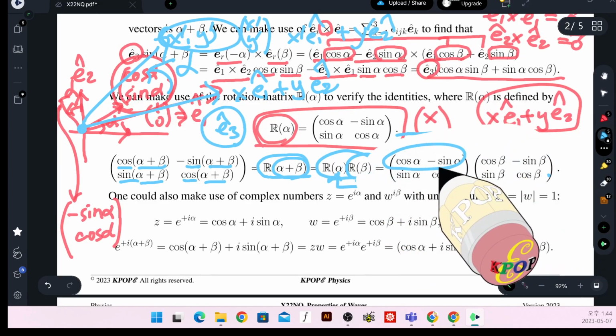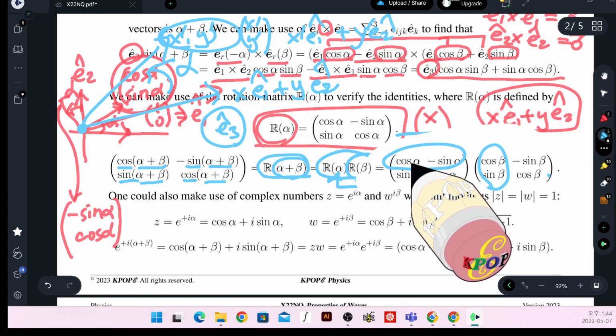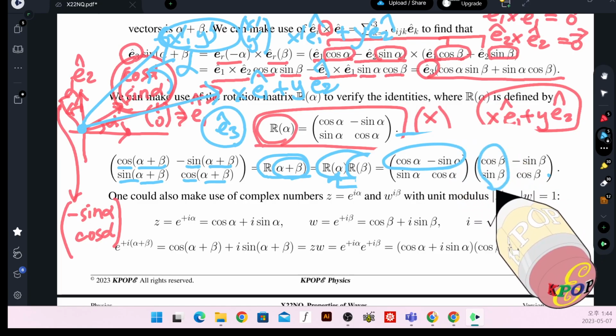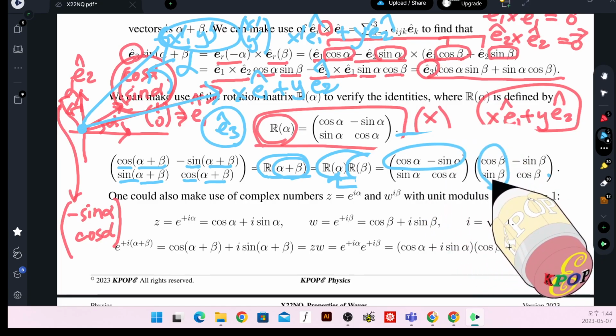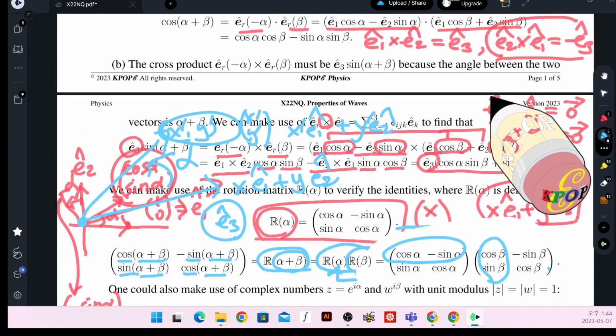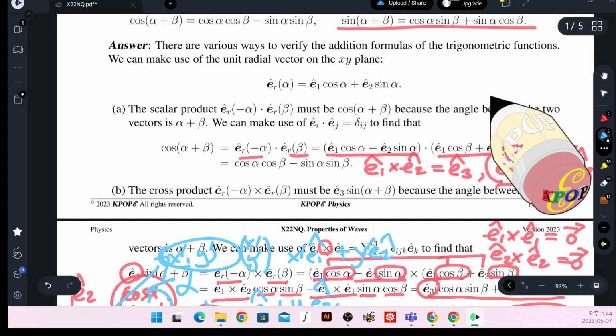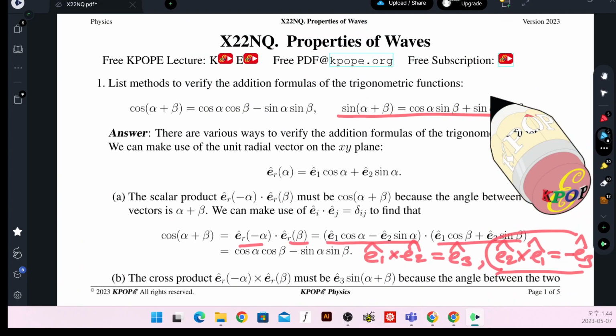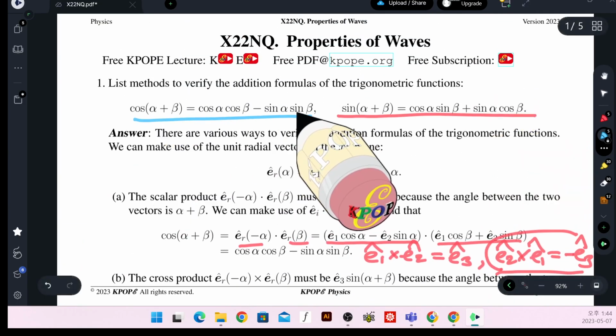Therefore, this one gives cosine alpha cosine beta minus sine alpha sine beta. Is that the answer given here? This result is reproduced.